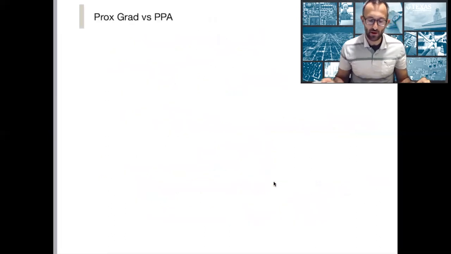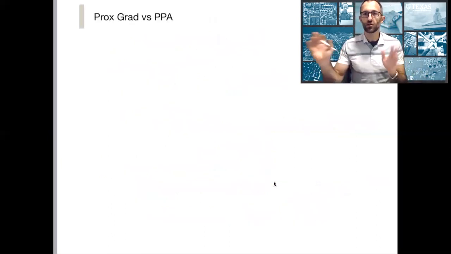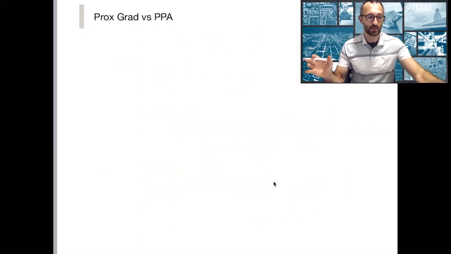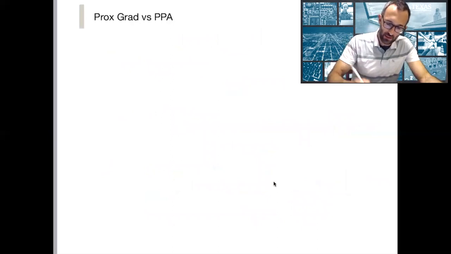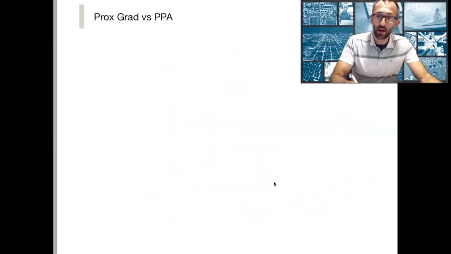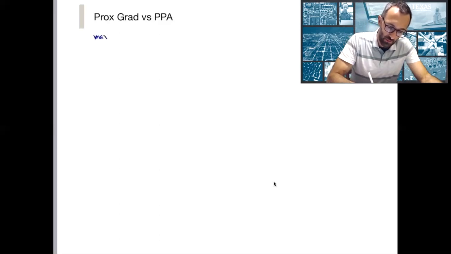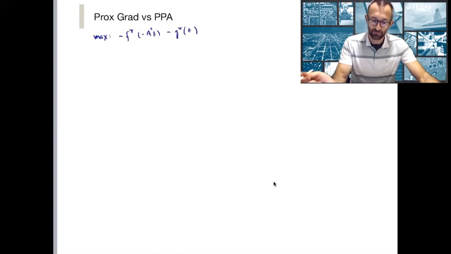So let's compare proximal gradient to just using prox, and again see how these compare. What I mean by prox gradient versus PPA is we have this problem: maximize minus f star of minus A transpose z minus g star of z.